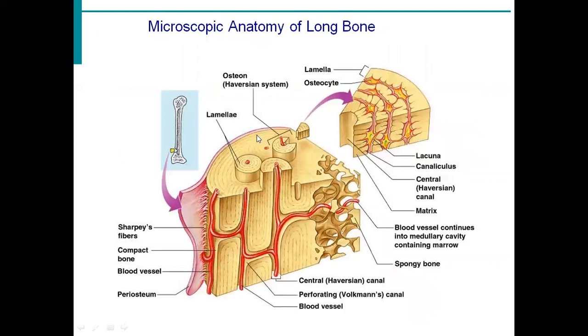Compact bone is the external part where the composition of a long bone is homogeneous, whereas the internal part of a long bone is porous in nature. Why? Because this porous area is the area of blood circulation and other substances.